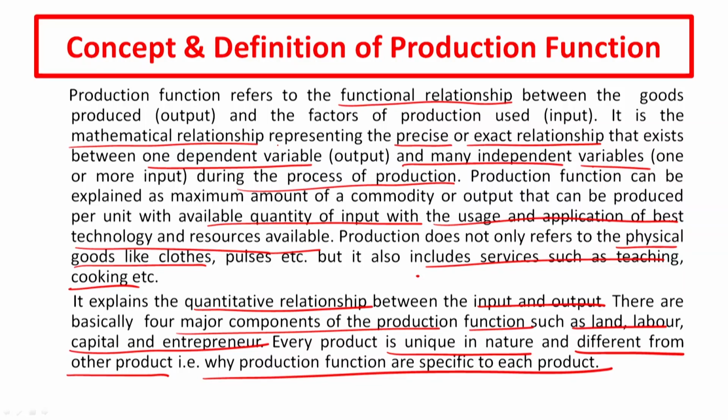Next, as we already know, there are basically four main important factors of production, and these factors of production are the input. So how are you going to use all these inputs, and in what relation, for producing the output? Every product is unique, and every product is different from the other product.